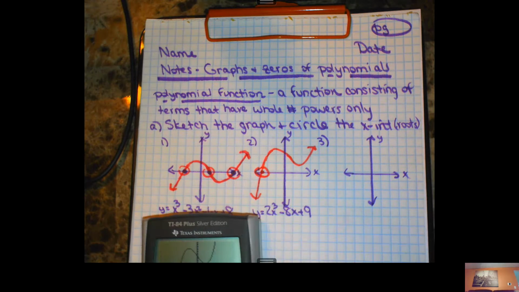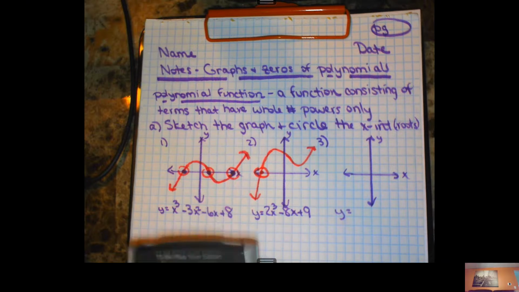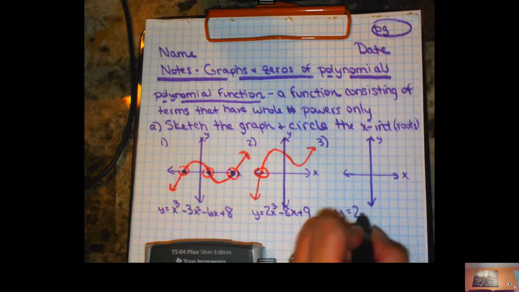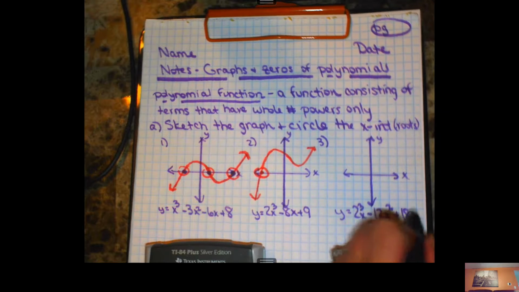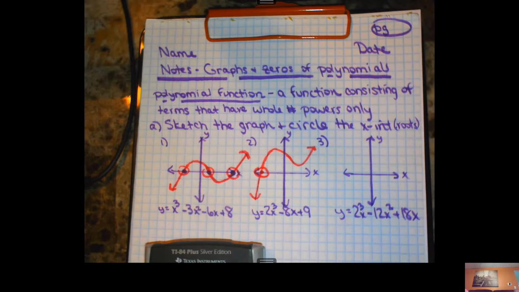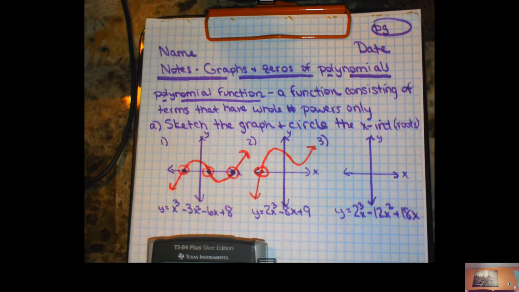And the last one we're going to do is y equals 2x cubed minus 12x squared plus 18x. I'll go ahead and do that in my calculator so you can take a look, and you can always practice these on your own. Make sure you can type these in and see what they look like.